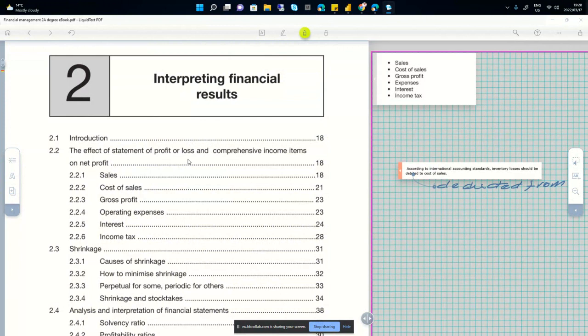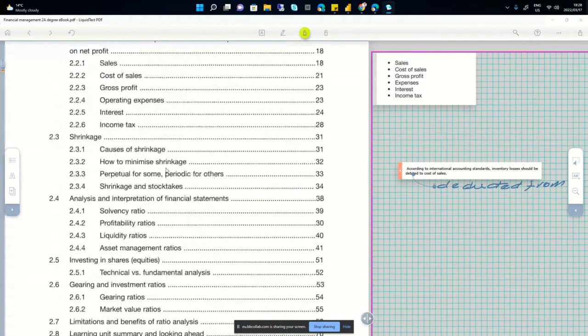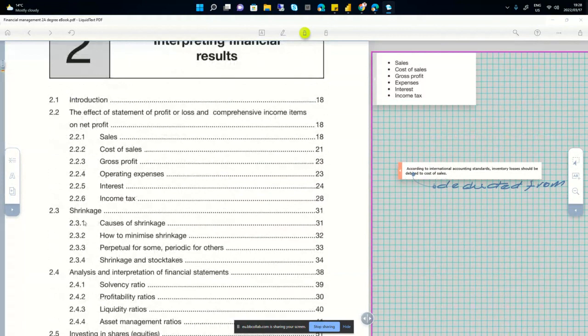Interpreting financial results. So as you can see, we are going to touch on quite some important points. We have shrinkage here. We have the effect of the statement of profit and loss, and the comprehensive income item on net profits.